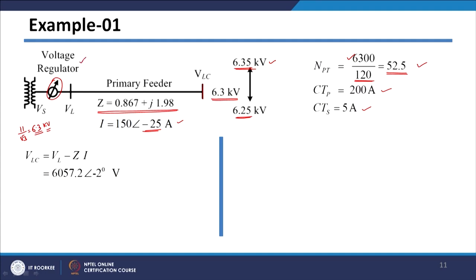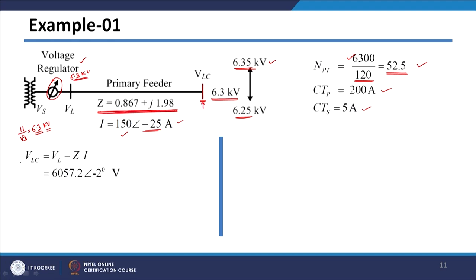So, without regulator, let us say the voltage at this point is 6.3 kV. Because of this current flow, there will be a drop across this impedance. So, the voltage at this point will not be 6.3 kV; it will be 6.3 kV minus whatever drop is happening across this feeder.